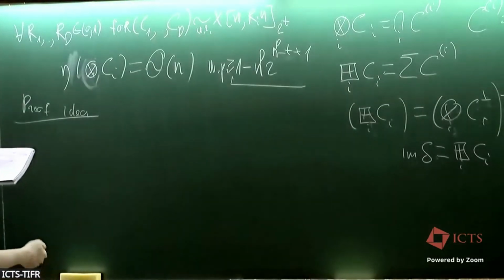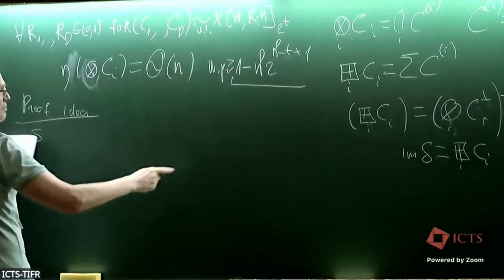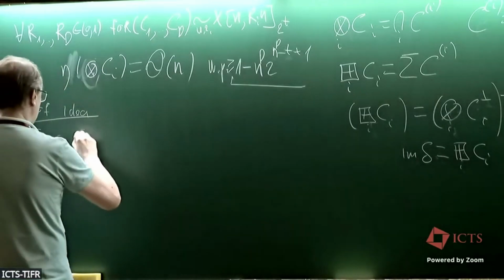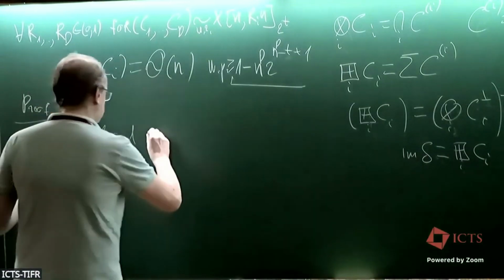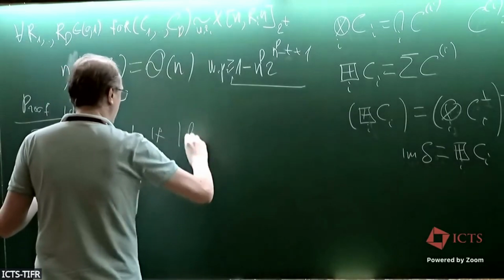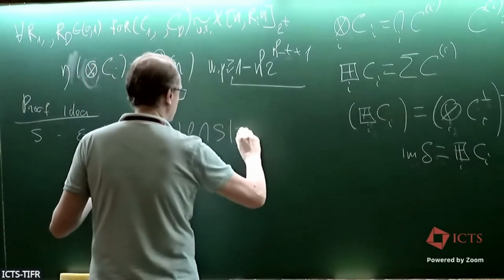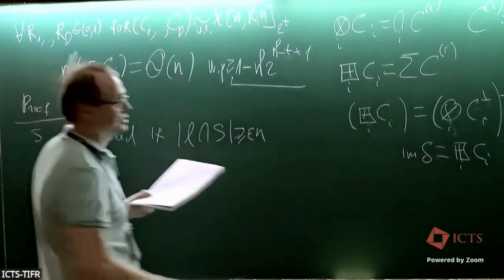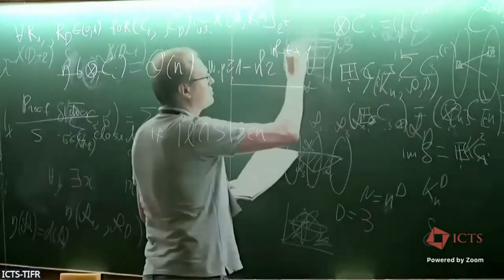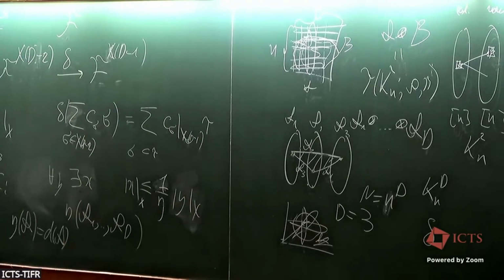So it involves the following component, which I think is important. We say that a subset S is epsilon closed if for every line in any direction, if this line intersects a lot with this subset, yes? And by subset, I mean just the support of some possible codeword. Here I am considering the dual tensor code.